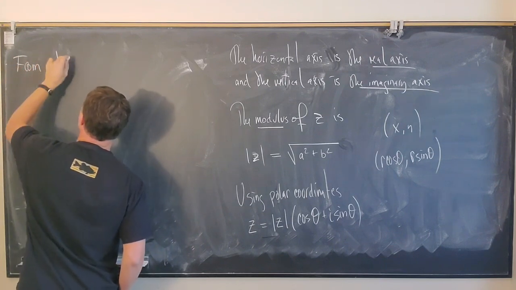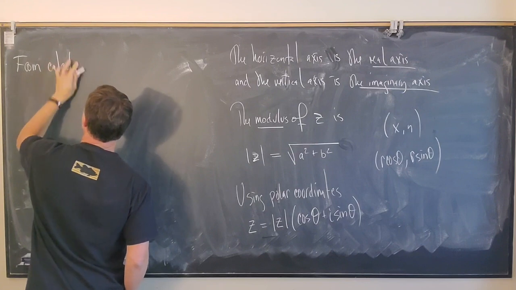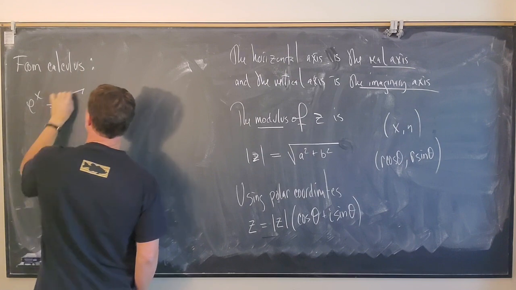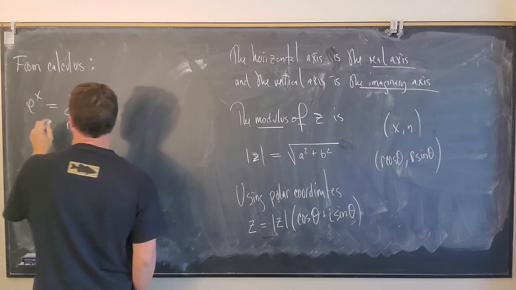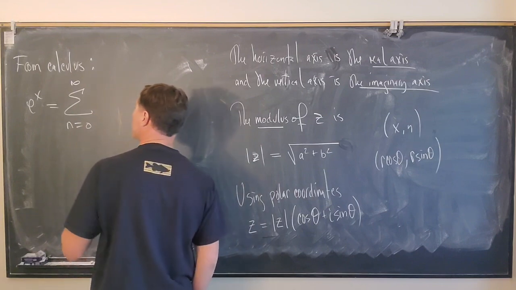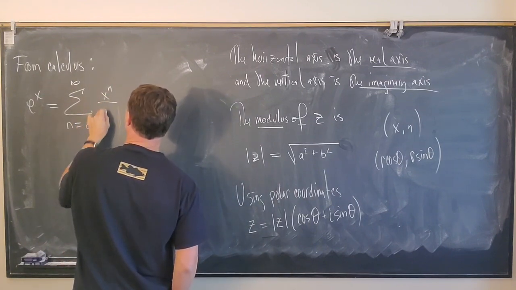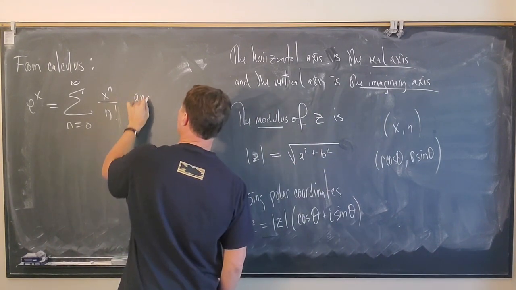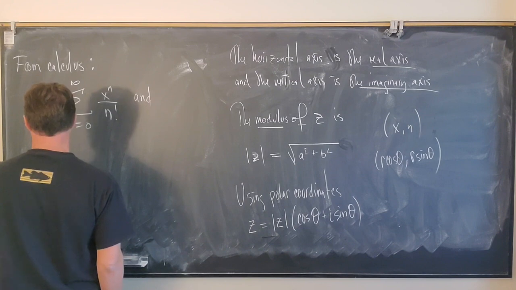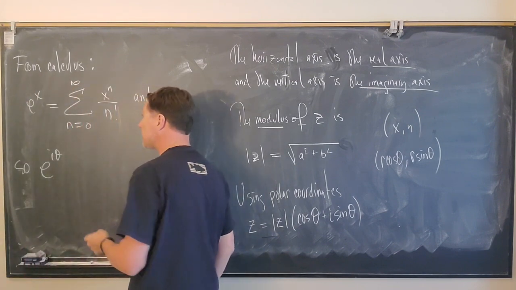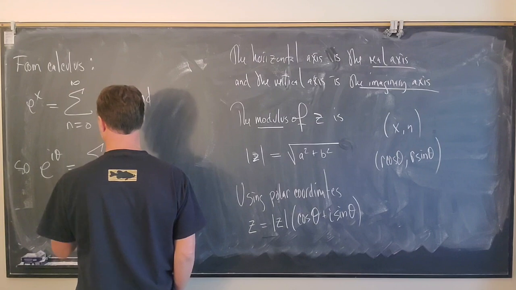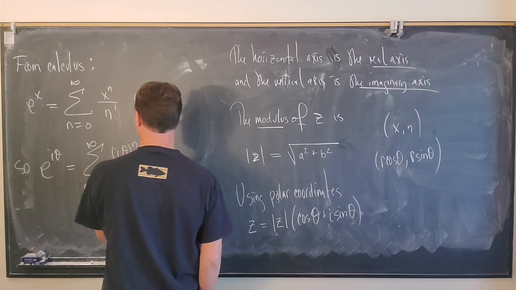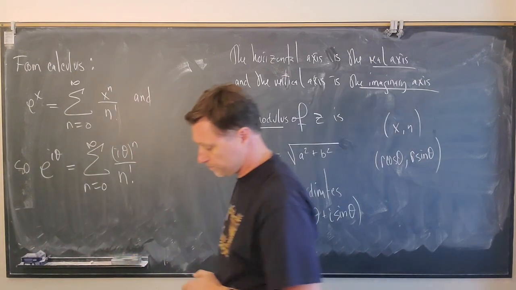from calculus, if you go back to calculus 3, one thing we know is that e to the x has the power series representation, the sum from n equals 0 to infinity of x to the n over n factorial. And so e to the i theta, I'm going to substitute, is equal to the sum from n equals 0 to infinity of (i theta) to the n over n factorial.